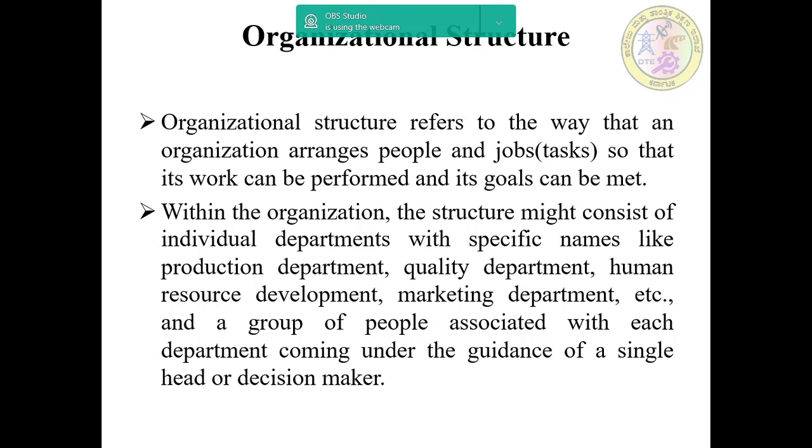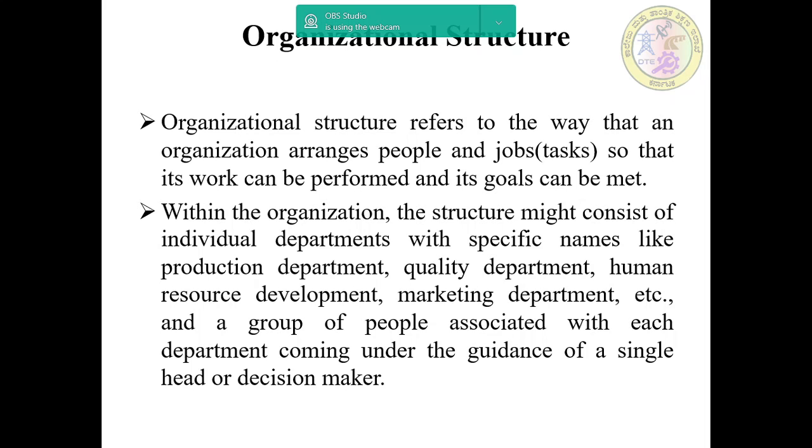Next component is organization structure. Organization structure refers to the way that an organization arranges people and jobs, that is, what tasks are performed in the organization so that its work can be performed and its goals can be met.